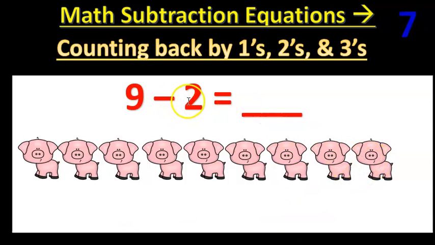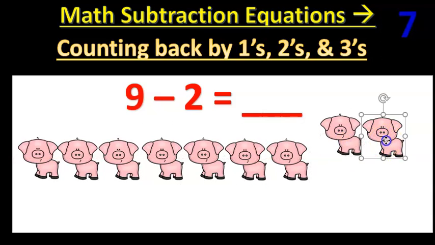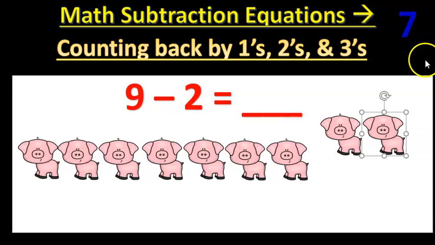We're going to take out 2 pigs, minus 2. Watch. I'm just going to move them up so you can see that 2 pigs now are out. Our answer's right here. But boys and girls, we have to count back to get to our answer here, okay?